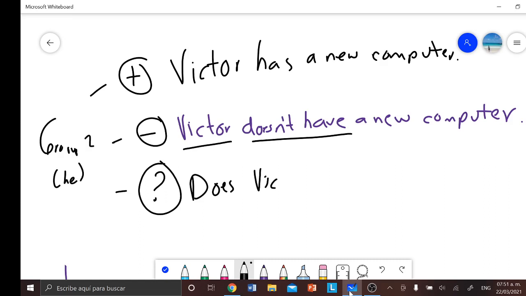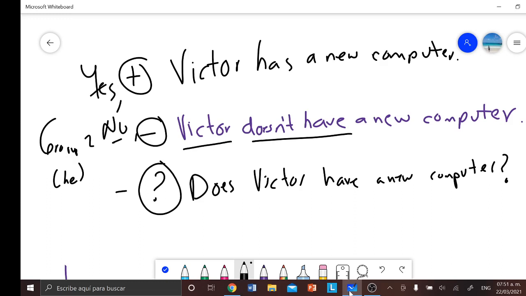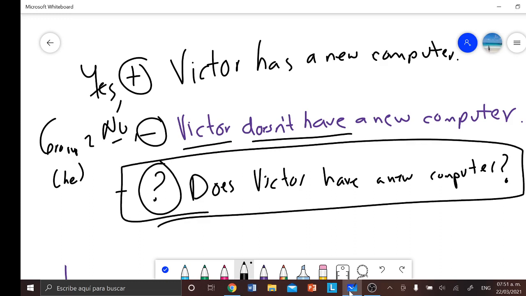So, does Victor have a new computer? And the answer will be yes, Victor has a new computer, or no, Victor doesn't have a new computer. Y esto es lo que estamos aprendiendo, ¿ok? How to make a simple question. ¿Tiene Victor una computadora nueva? Sí, si tiene una computadora nueva, or no, he doesn't have a new computer. Estamos haciendo una pregunta simple, ¿ok?